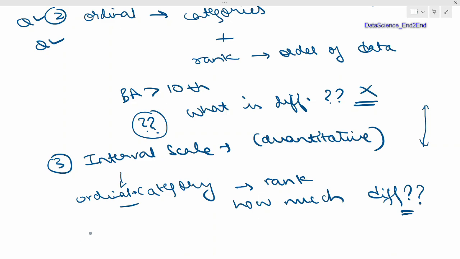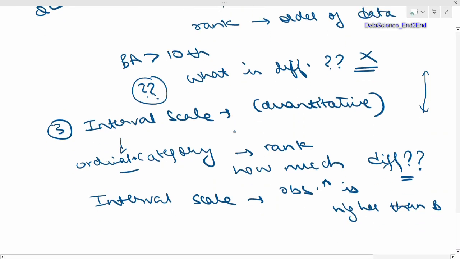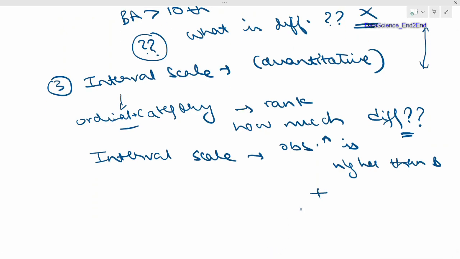To answer that question, interval scale comes into the picture. In case of interval scale, you can tell observation A is higher than B, plus by how much.